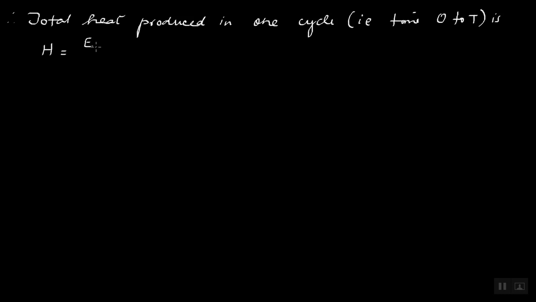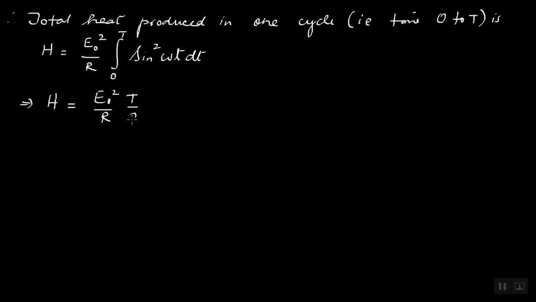You have E naught square by R times the integral of sine square omega t dt, from 0 to T. So H is equal to E naught square by R times, and if you perform this integration, you will get T by 2. We are not interested in performing this integration, you can just remember it, otherwise we will be doing maths instead. You can try this by yourself.